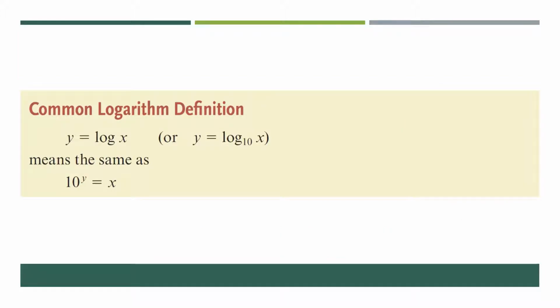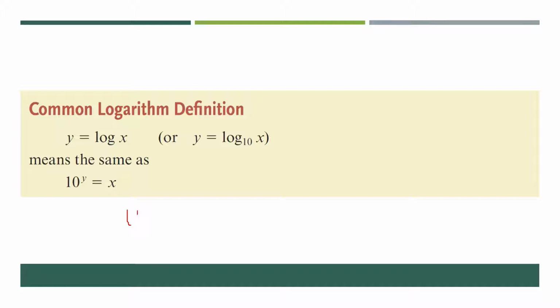This is the formal definition of the common logarithm. It says y equals log of x means the same as 10 to the y equals x. I think this is a good definition. You don't necessarily have to have it memorized because you could just use the last definition of logarithms that we used, but I think it is useful.